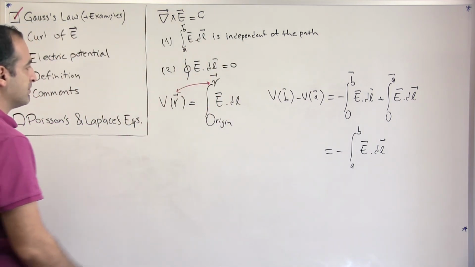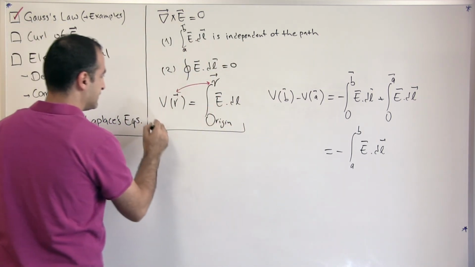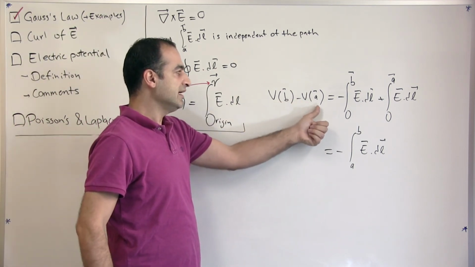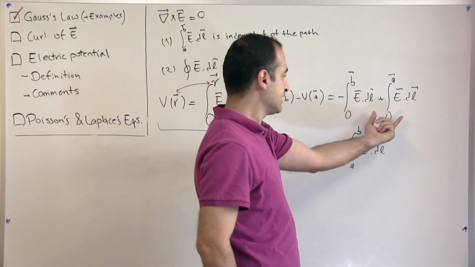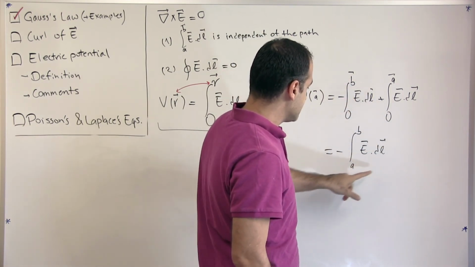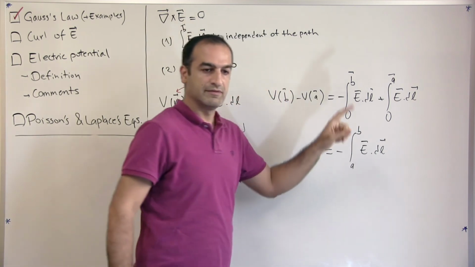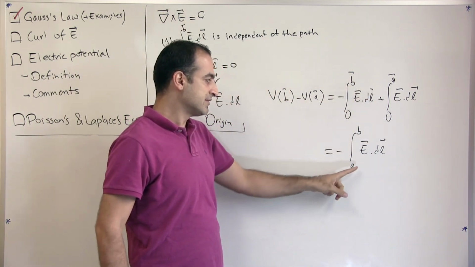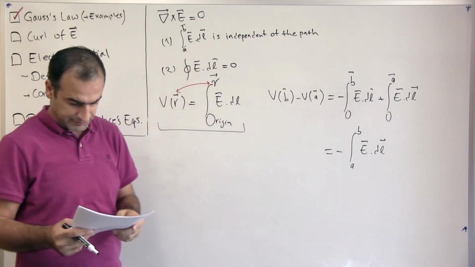Based on this definition, if I look at the potential at point B minus the potential at point A, it becomes two integrals, and these integrals overlap in a way that we can write it as one integral from A to B. Each of these is from the origin to B and from the origin to A, and I can write it in terms of A to B.